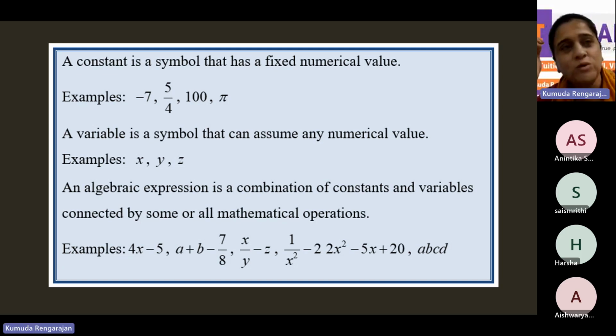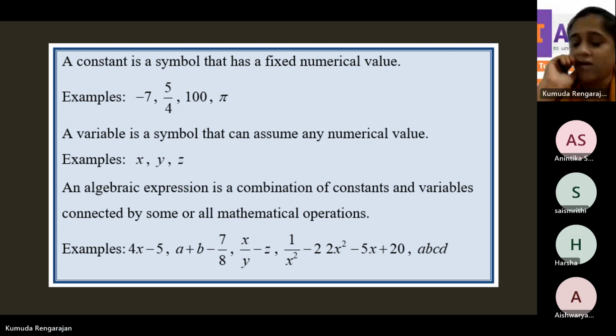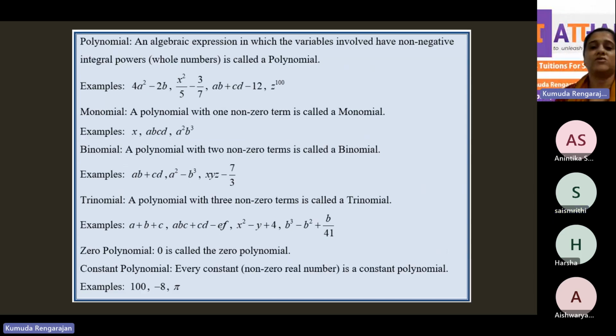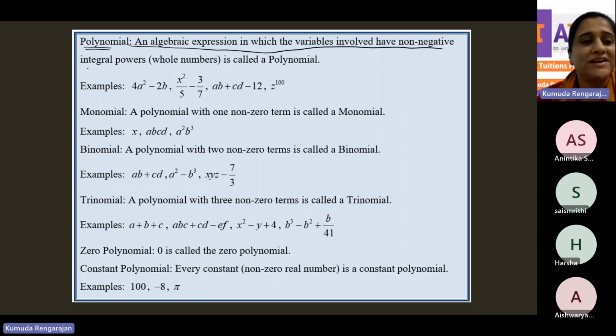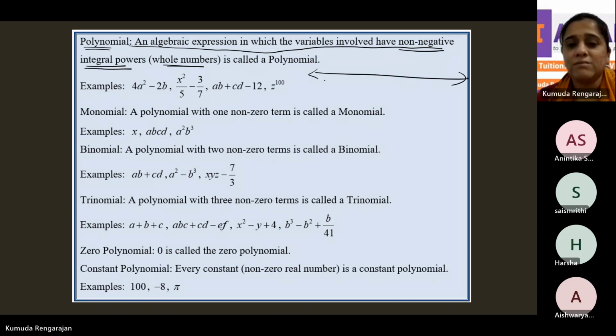Do you now understand how to differentiate polynomials from algebraic expressions? Yes, ma'am. So now see here. What is a polynomial? An algebraic expression in which the variables involved have non-negative integral powers. Non-negative integral powers means whole numbers. Integral means integers: -3, -2, -1, 0, 1, 2, 3, 4. These are negative integers, though it continues.